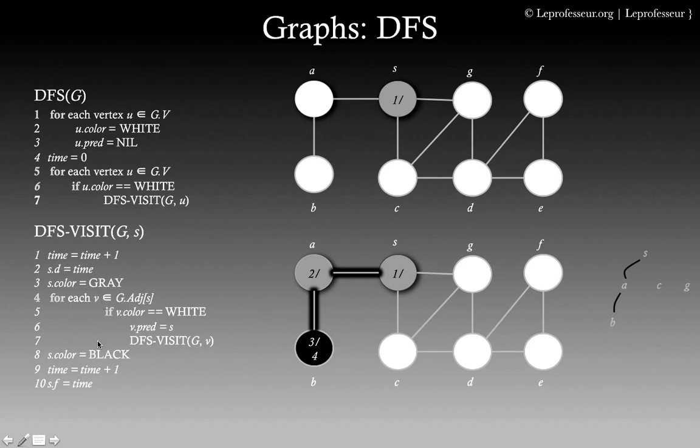Now we are out, and because we were in the recursive loop, we will automatically go back to the A, update its timestamp, and then because in our adjacency list the next vertex was C, which was adjacent to S, we went to the C, update its discovered timestamp.